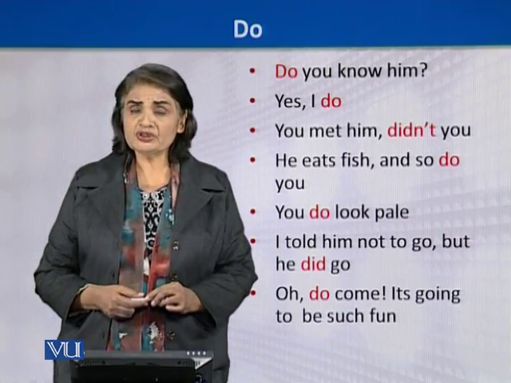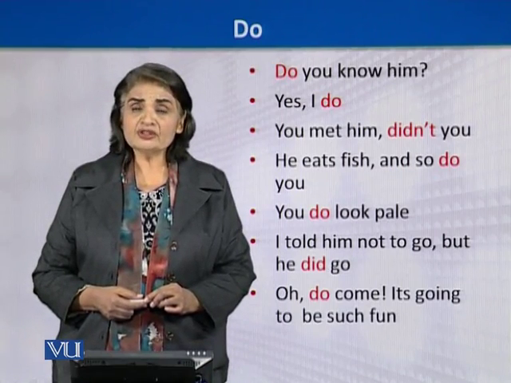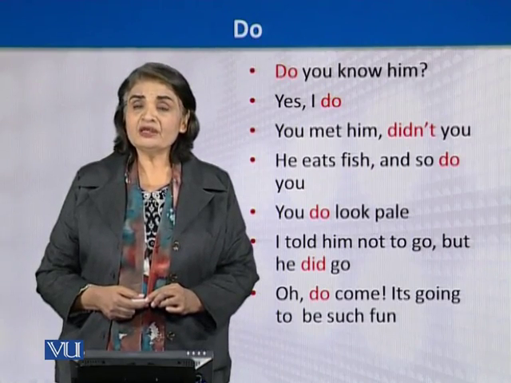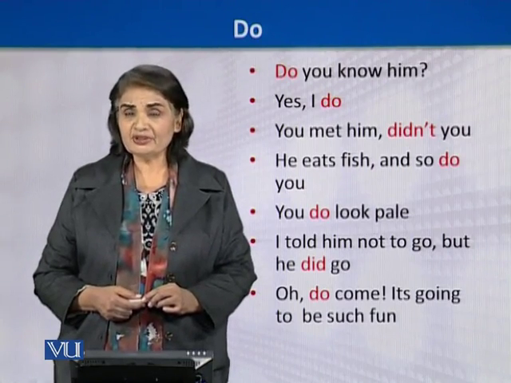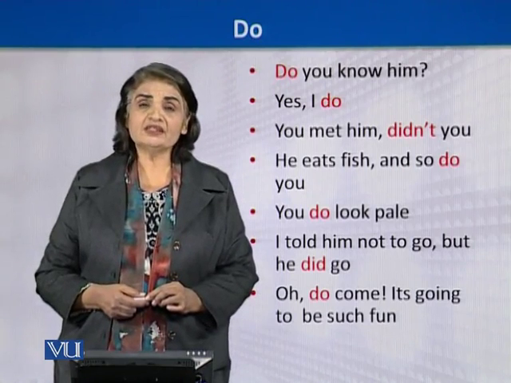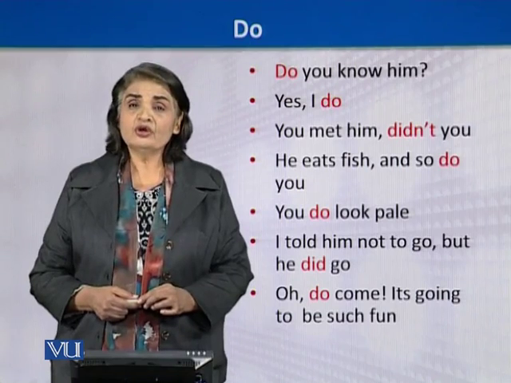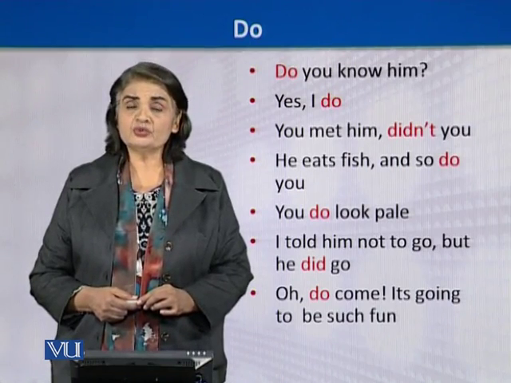Because the action was taken in contrast to what the instruction was, therefore it is being emphasized that he did something which was against the instruction given, or which was against the desire or the suggestion or the advice given.